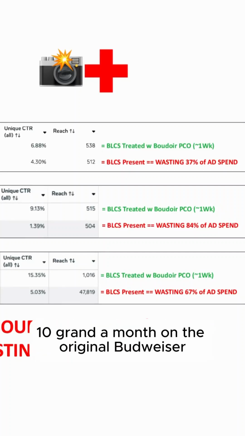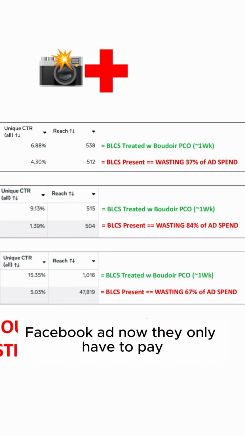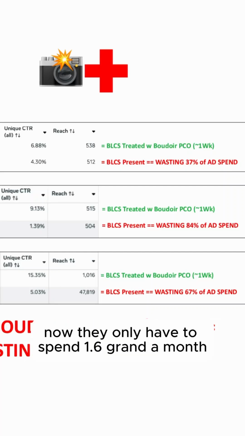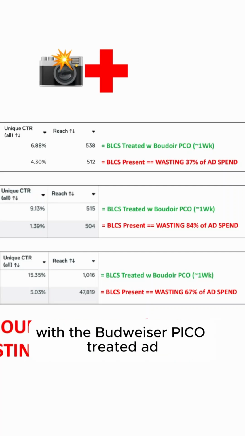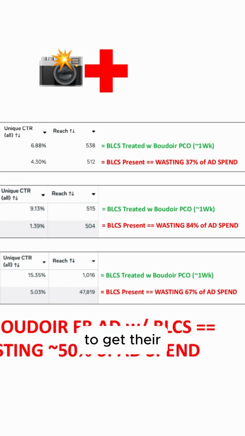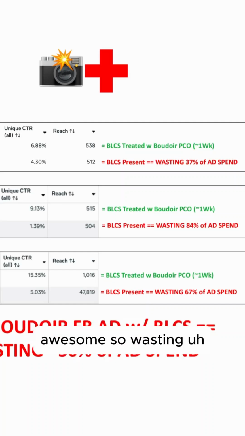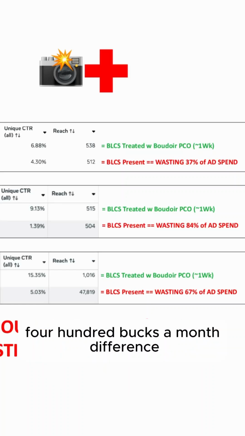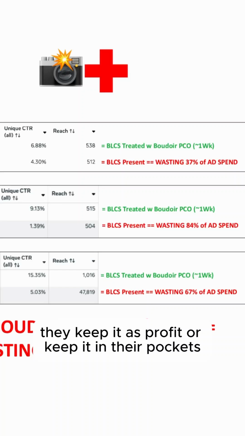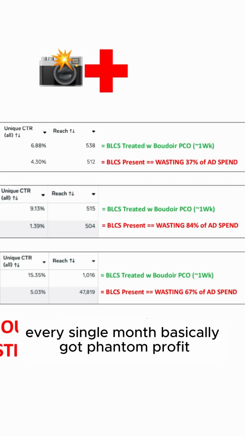So that means if they're paying 10 grand a month on the original Boudoir Facebook ad, now they only have to spend 1.6 grand a month with the Boudoir Pico treated ad to get their ad into the same number of women's brains. Awesome. So that $8,400 a month difference that they no longer have to spend, they keep as profit or keep in their pockets every single month.